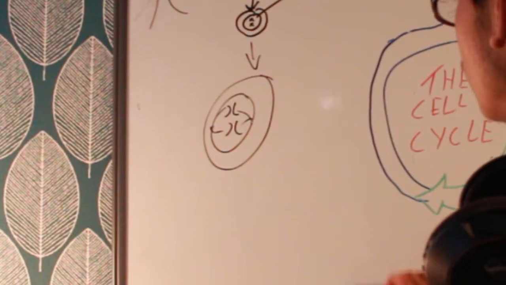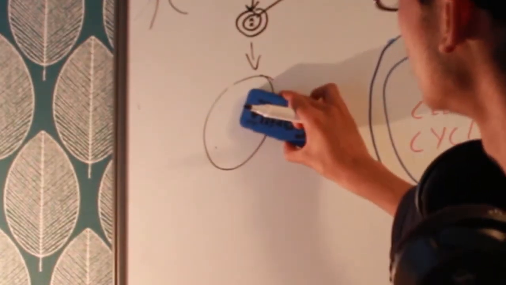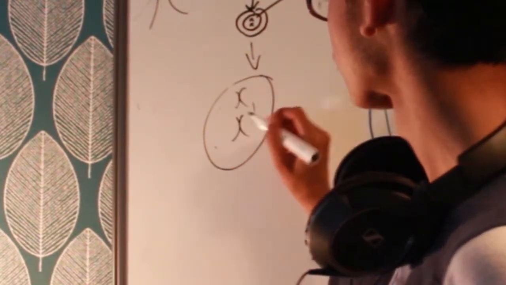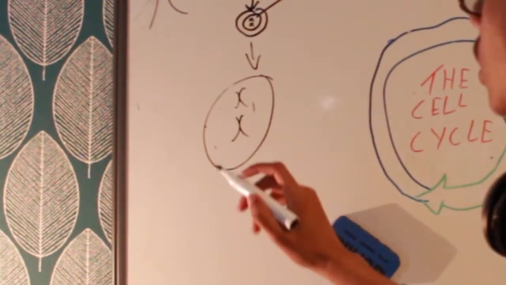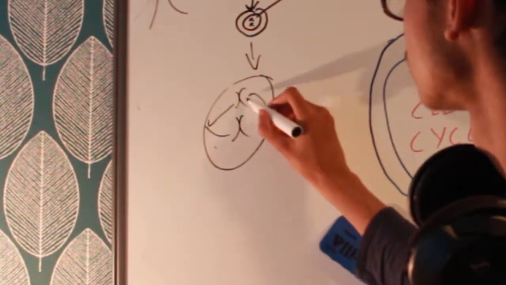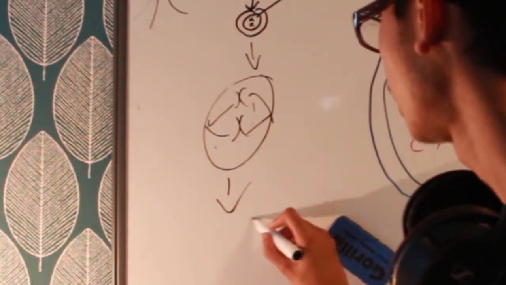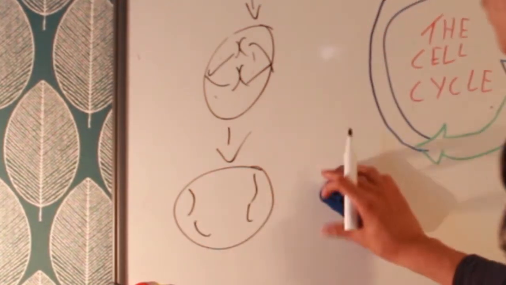Now, the cell nucleus does not appear in this one. The cell nucleus has practically gone away. So without the cell nucleus, the cell fibers at each end of the cell pull the chromosomes like arms away from each other to each end. So if we look down here, we get chromosomes here, chromosomes here.